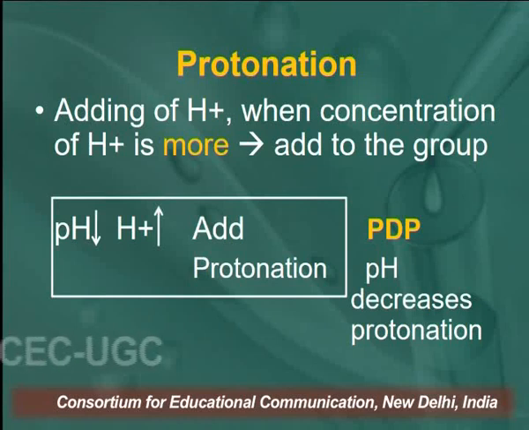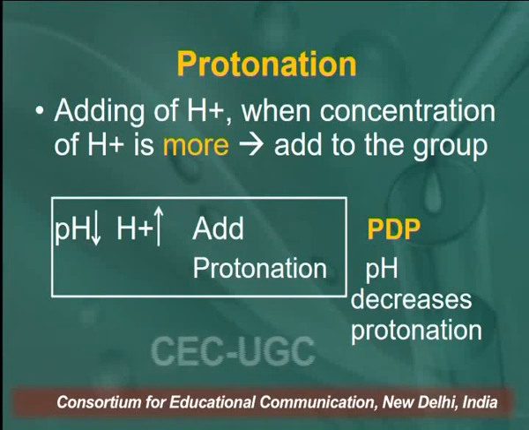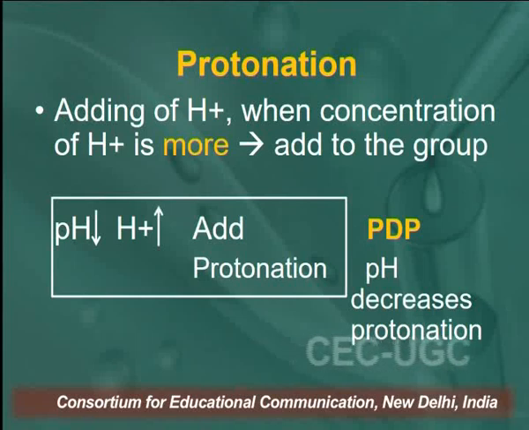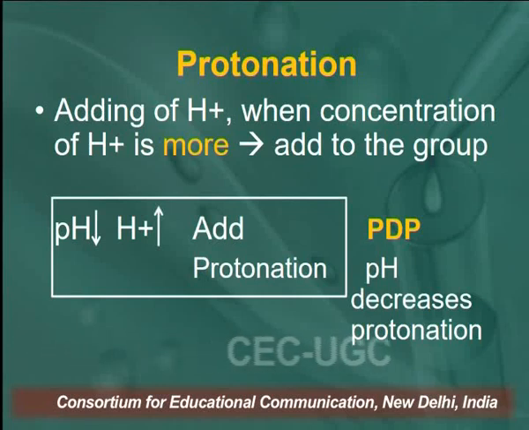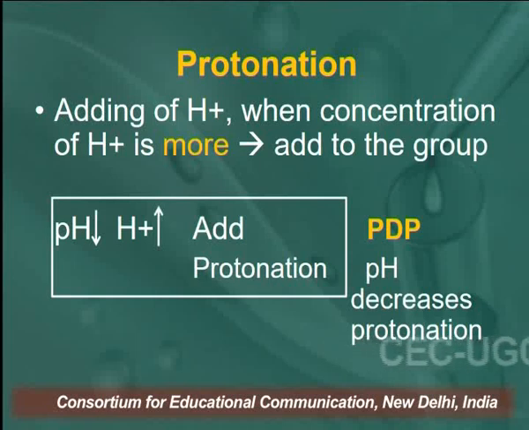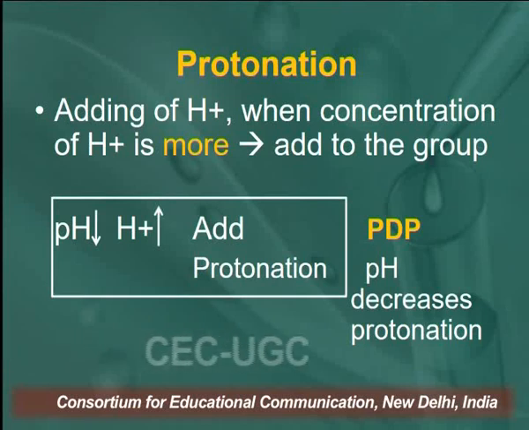And when the concentration of protons is maximum in the solution, as I told you, it depends upon the pH. When the pH of the solution decreases, right? When we add more acid, what happens? The pH decreases, and as the pH decreases, the concentration of H plus increases, and if the concentration of protons increases, protonation takes place.